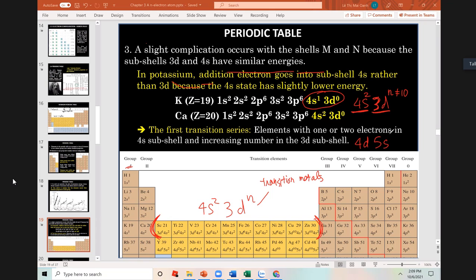In this case, 5S can be 5S2 or 5S1, while 4D is unoccupied, with n different from 10. And you have the second transition element range here, which corresponds to 4D and 5S. Okay, and then you can see the special one.